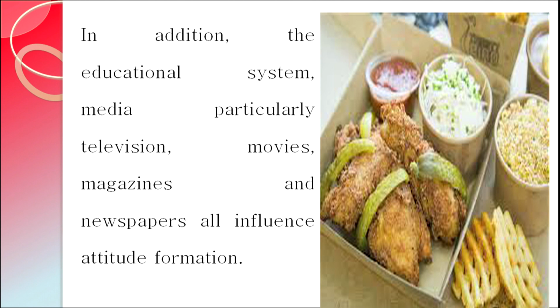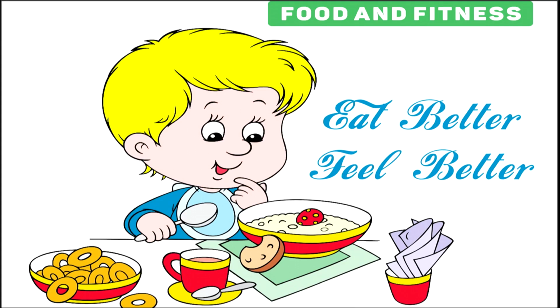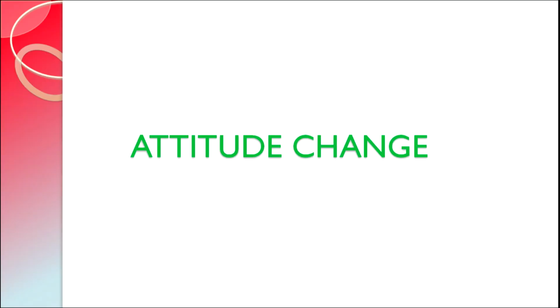In addition, the educational system and media, particularly television, movies, magazines and newspapers, all influence attitude formation. For example, this is one advertisement which might change your attitude towards your eating habits. That is, if you eat better, you will feel better. This was all about how attitude is formed.